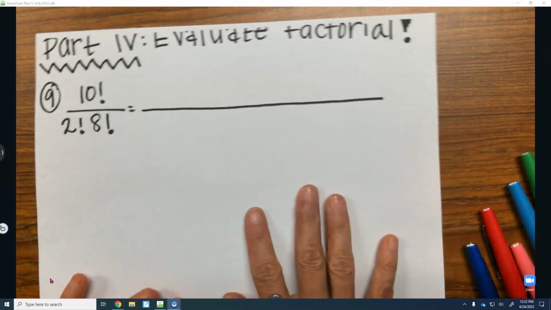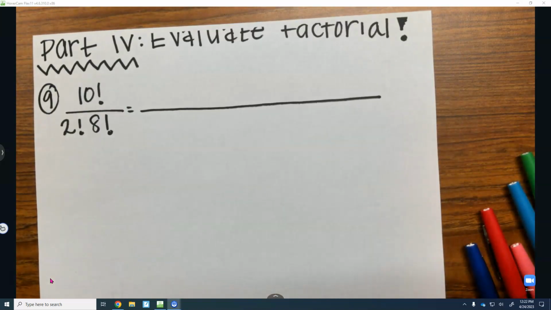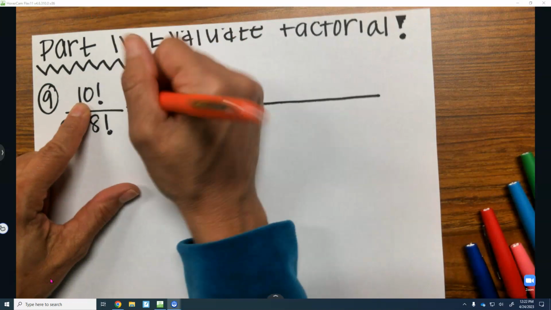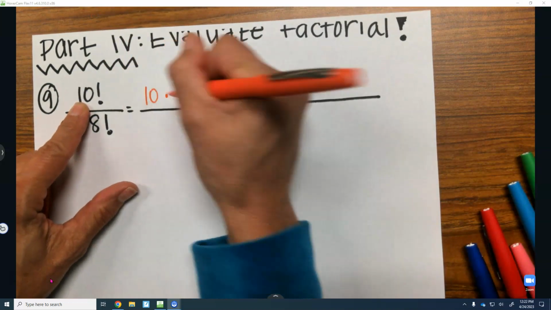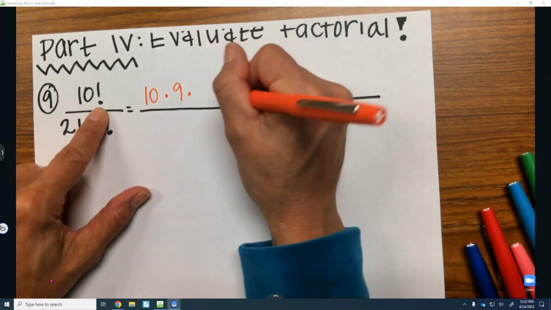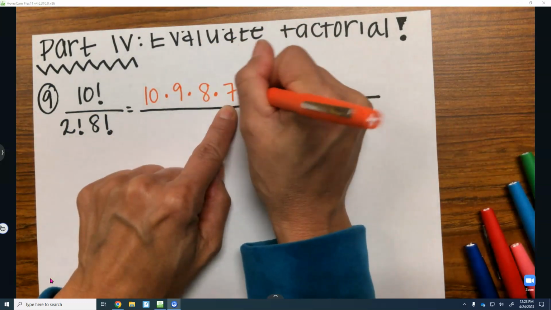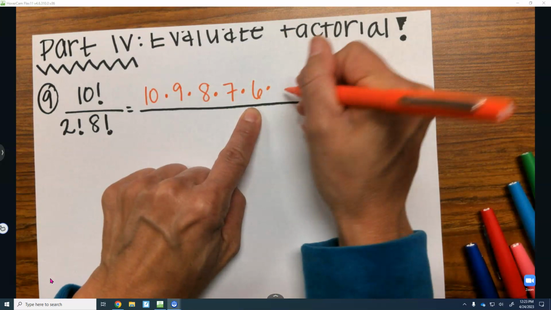All right, guys. Let's talk about factorials. They look weird because they're denoted with an exclamation point, but it's easy. All right. So what a factorial means is that you take the highest number, 10, and you literally multiply it by every single whole number down to 1.